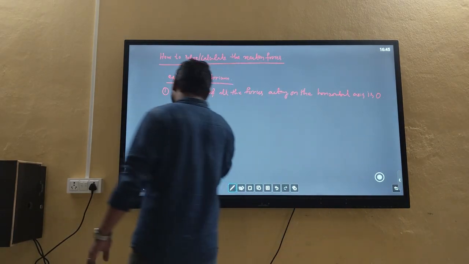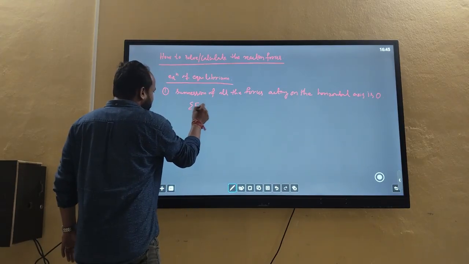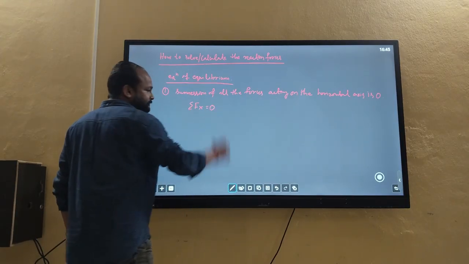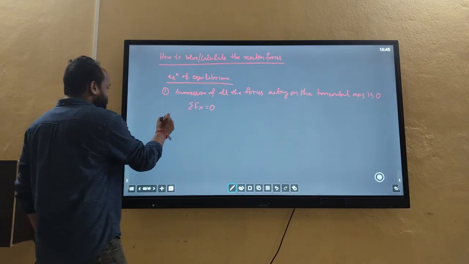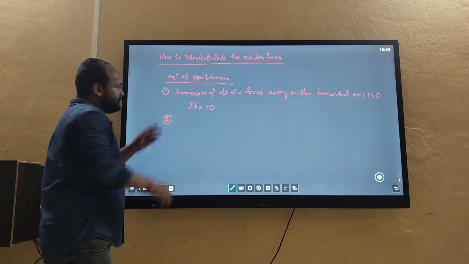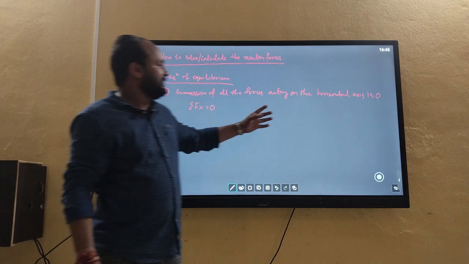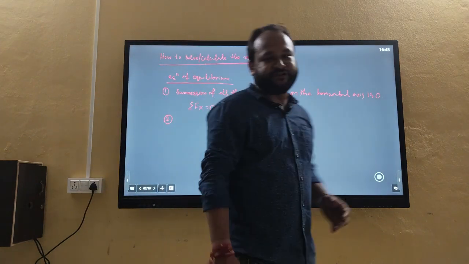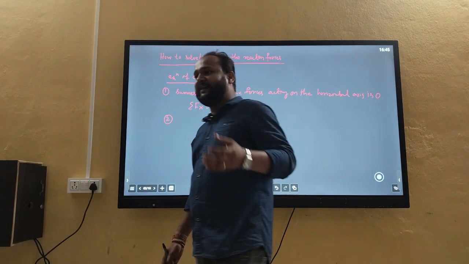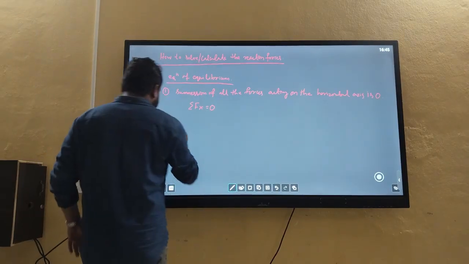It can be written as summation of Fx equals 0. And the second one states that the summation of all the forces acting on the vertical axis is 0. We can write it like that: summation of Fy equals 0.